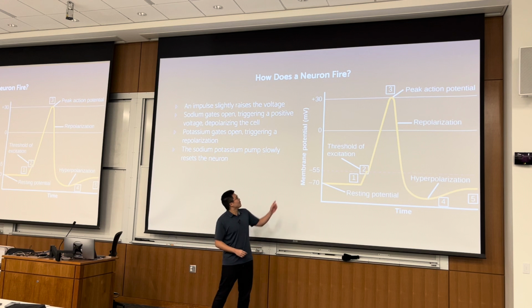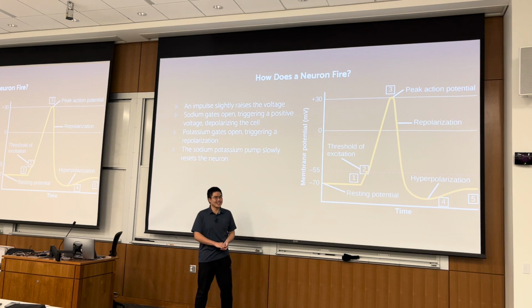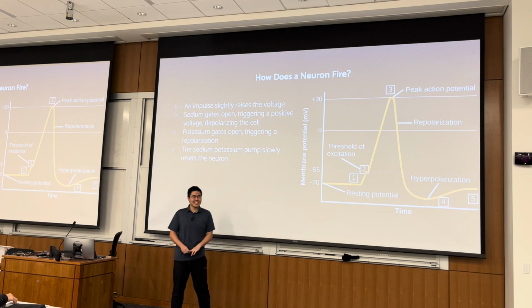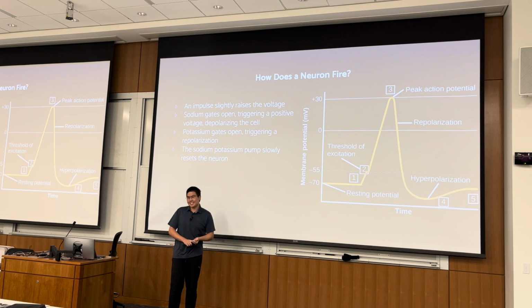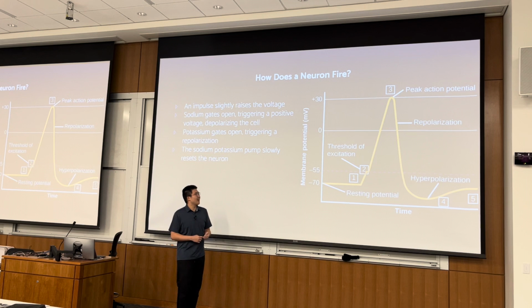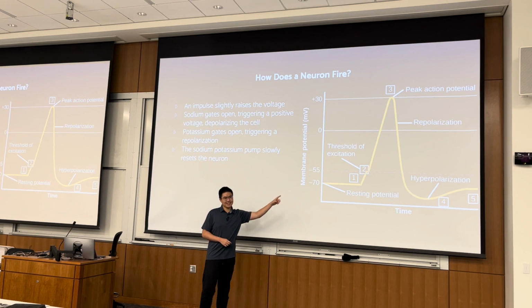it'll create a really, well, not too high, it's only 30 millivolts, but still a much higher peak action potential. And then you can see it's plus 30. And then this triggers our potassium gates to open, and this will cause repolarization. So it'll go all the way back down to where it started.